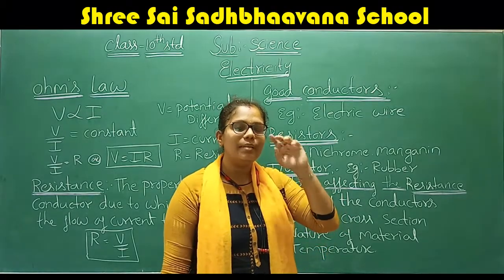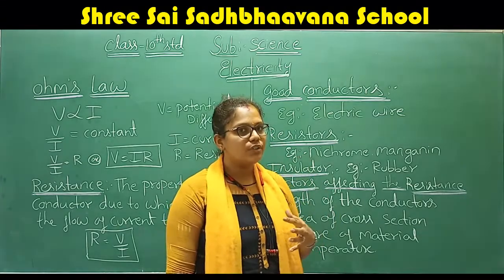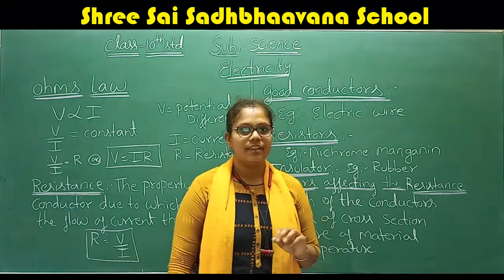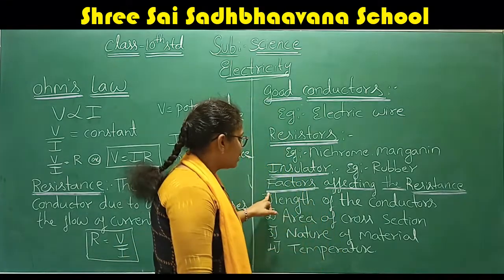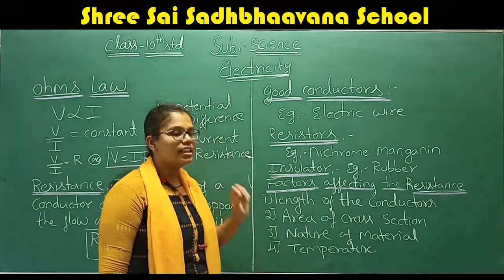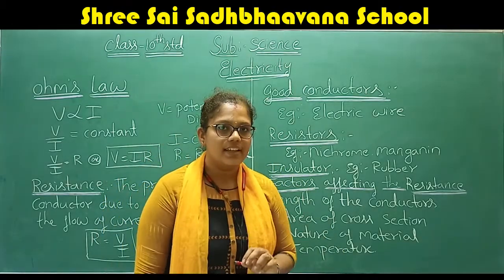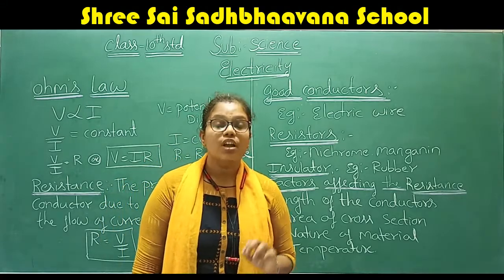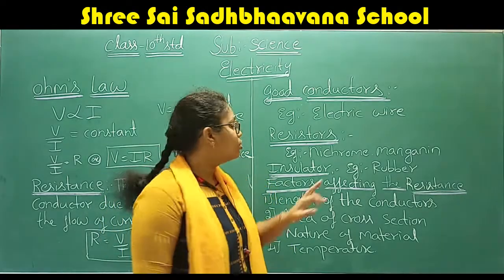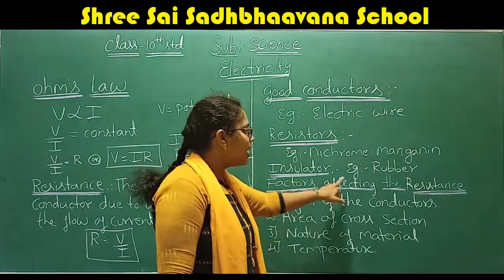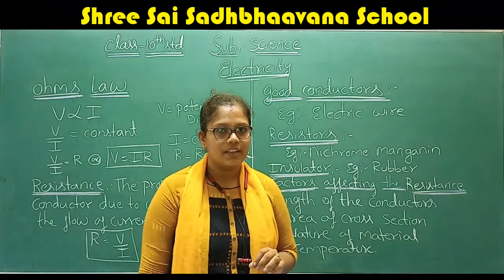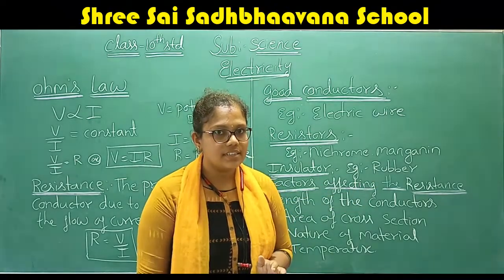Okay, these are some important definitions we are going to see in resistance. After that, we are going to discuss the factors that affect the resistance. What are the factors that affect the resistance?